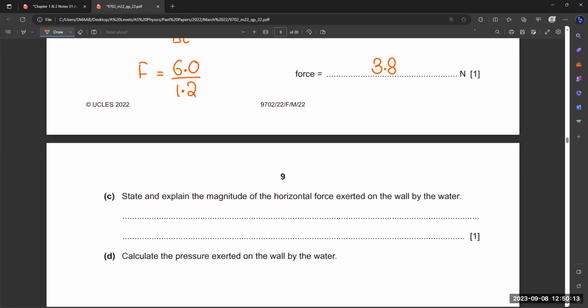So how do I explain that? Basically, do you know about any law that gives you the concept of action and reaction? Yeah, Newton's third law, like an equal and opposite reaction. So you need to explain with the concept of Newton's third law, right? So I'll just say because of Newton's third law, the force applied by the water on the wall will be equal to the force exerted by the wall on the water, right? So Newton's third law applies to this, so it's going to be 3.8 Newton.